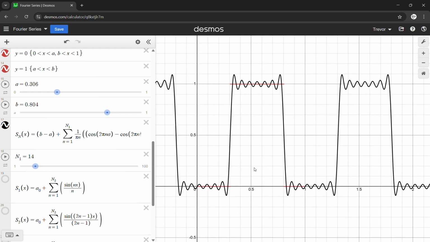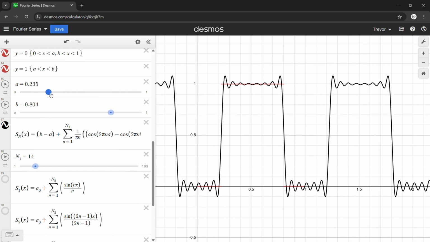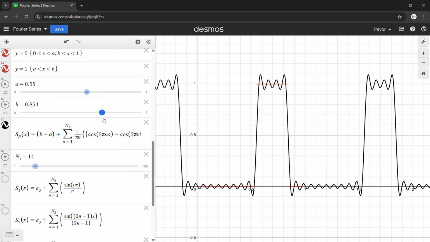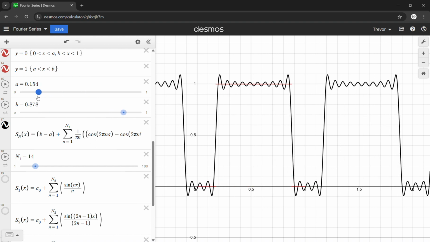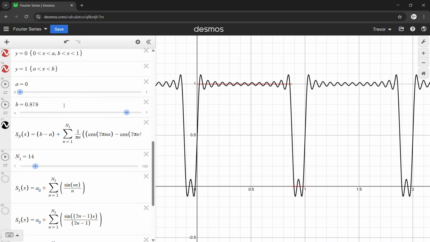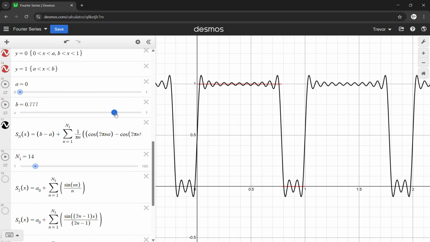And what's cool is that we can change what our interval is, and the Fourier series will adjust accordingly. I think that is so sick. And if we want to make it the whole line, then it just becomes the whole line.